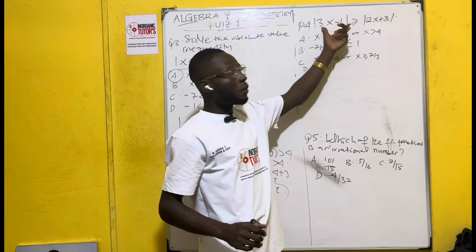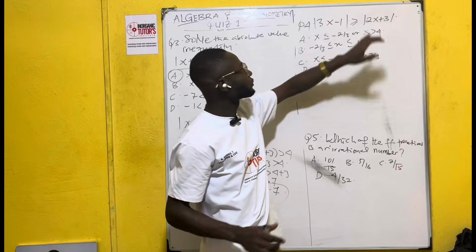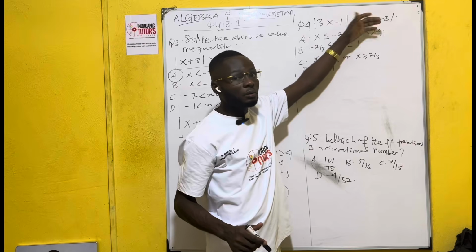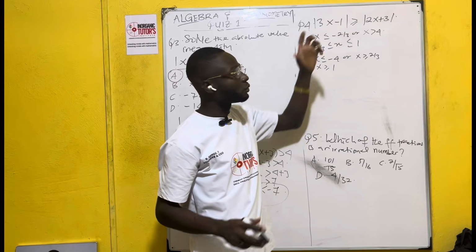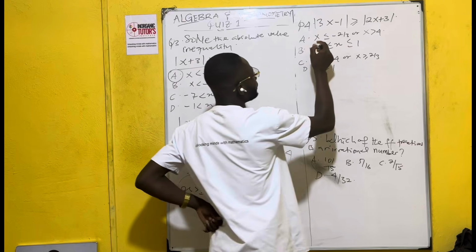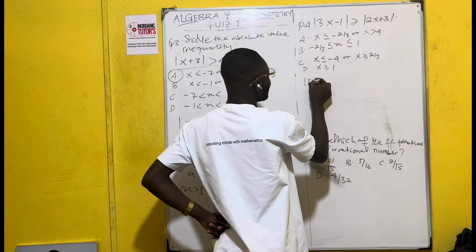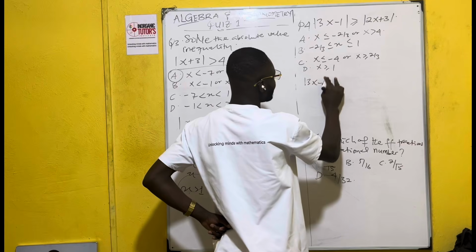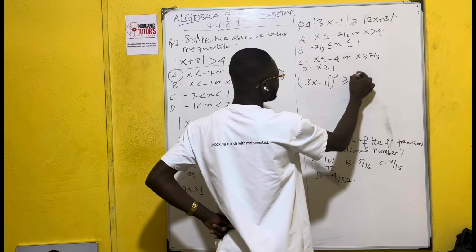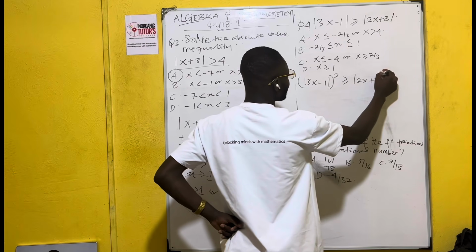Now with question 4, we are to solve this absolute value problem. We have absolute value on both sides of the inequality, so we have to square both sides. So you have the absolute value of 3x minus 1 all squared greater than or equal to the absolute value of 2x plus 3 all squared.